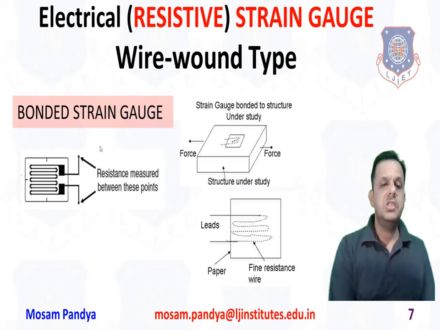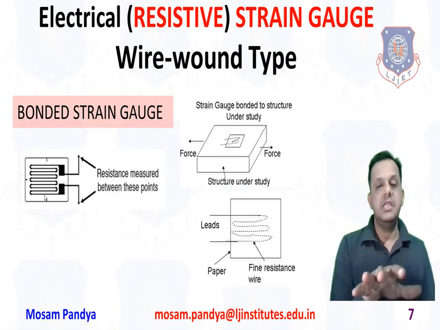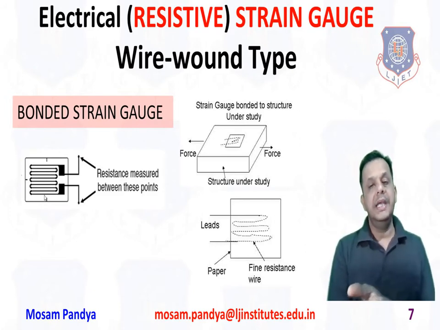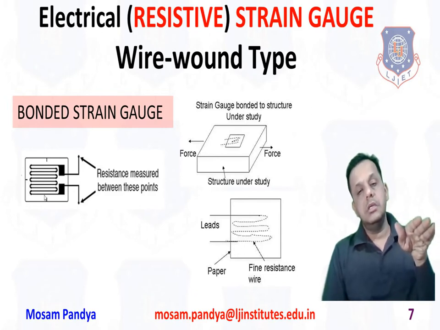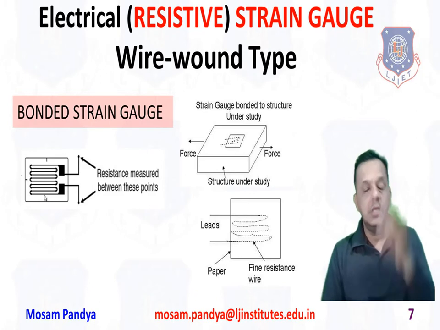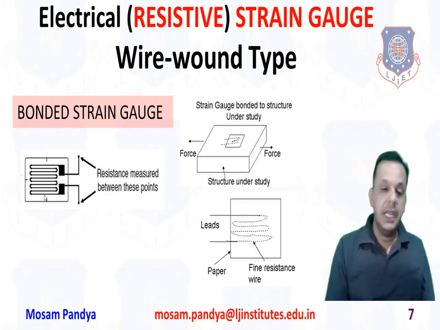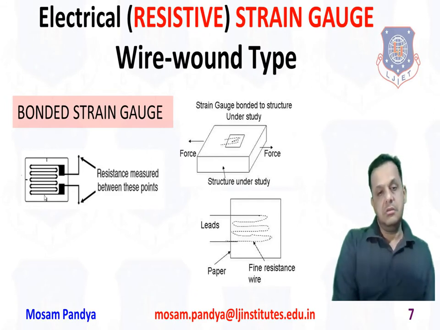A very small grid of wire is formed and two ends are taken out, but here the grid is fixed with adhesive on some platform, and then felt, meaning material made from textile fiber, is overlapped, and the entire strain gauge is made.